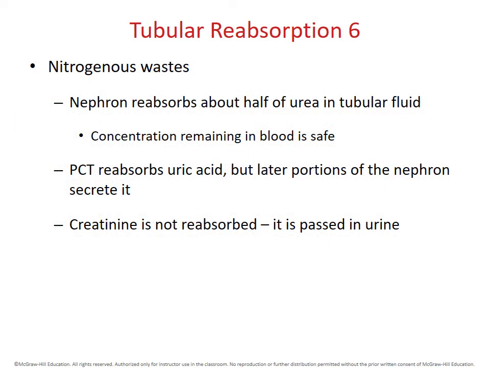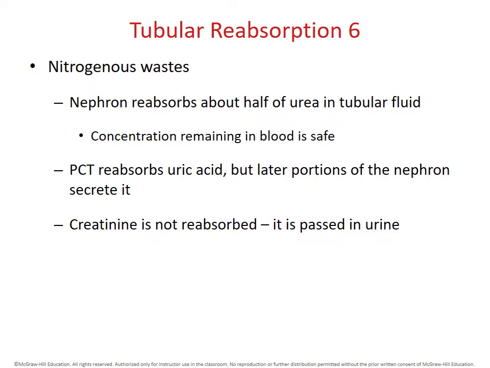All right, what about reabsorption of nitrogenous wastes specifically? Remember, nitrogenous wastes are things like urea, creatinine, uric acid, basically the results of metabolism. Well, the nephron, the entire nephron, proximal convoluted tubule through to the collecting duct, reabsorbs about half of the urea that's filtered into the tubular fluid.